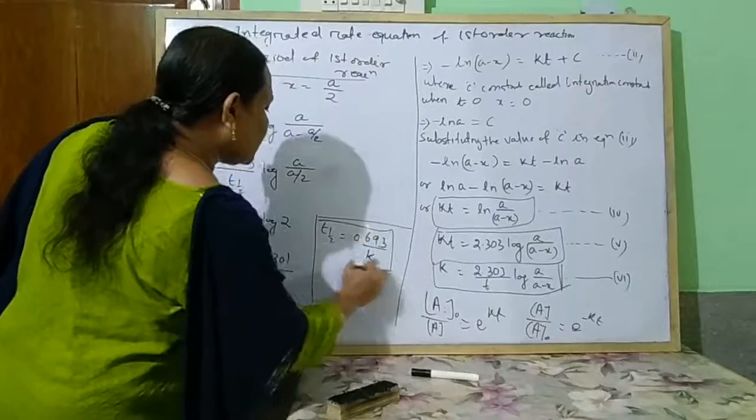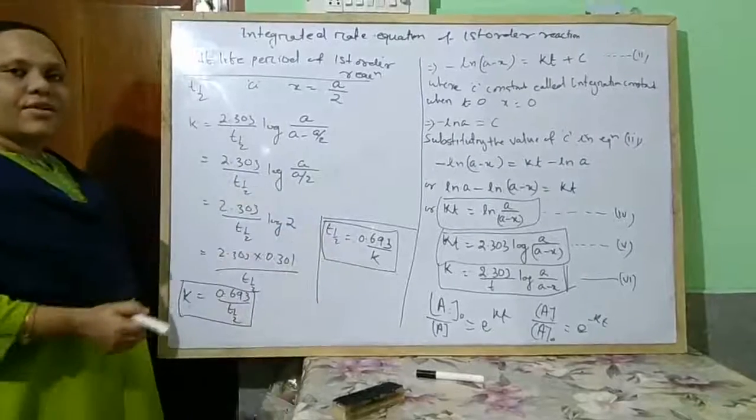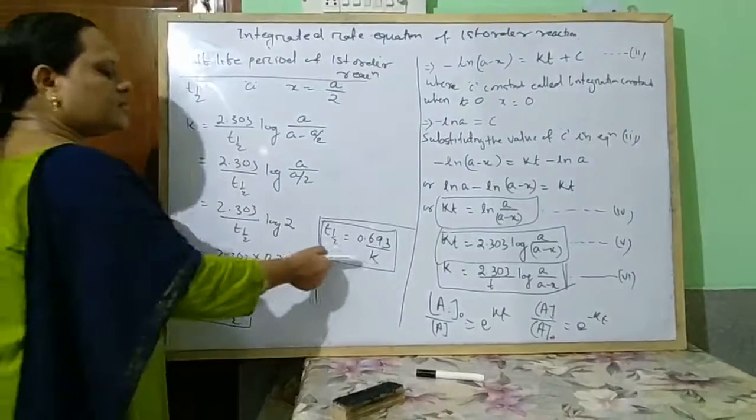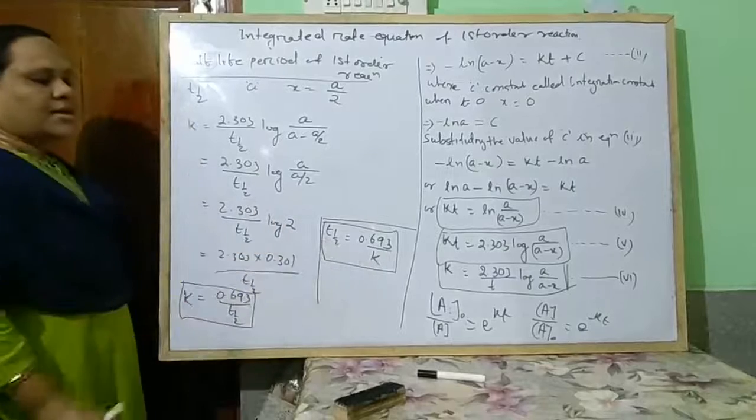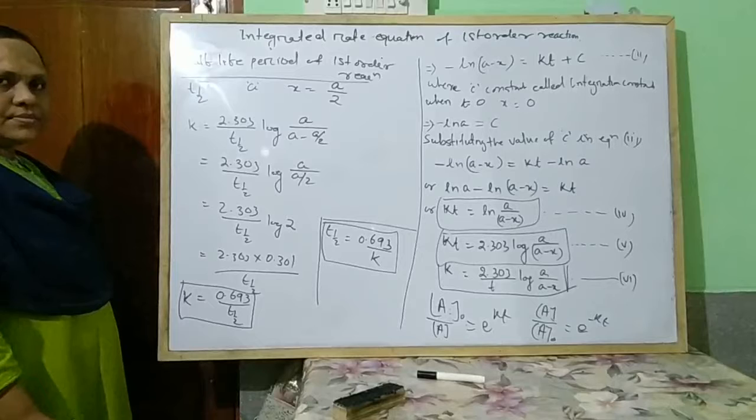This is the relationship between rate constant and half-life period of a first order reaction.